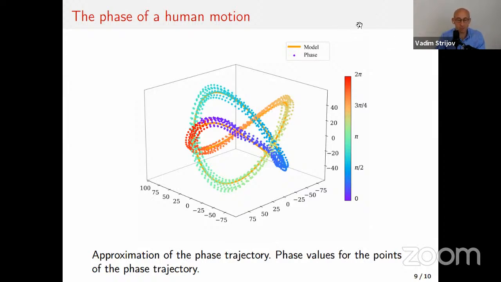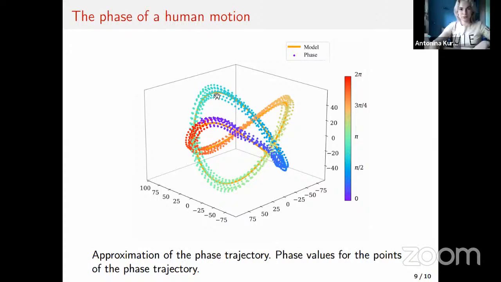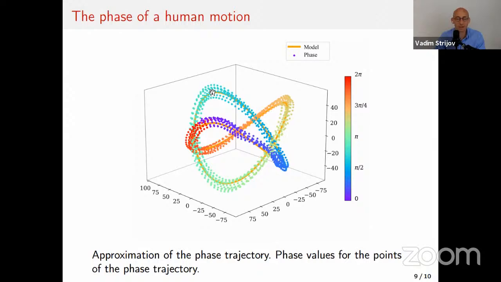So what is the precision you obtained of the approximation of the phase trajectory? Precision. So the question is how we obtain precision? Yes.